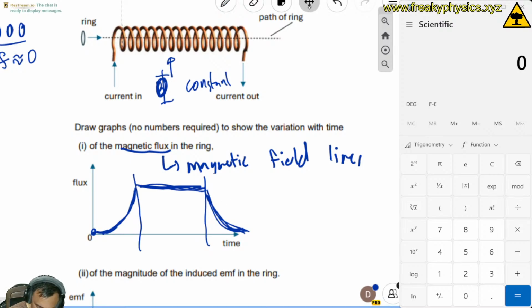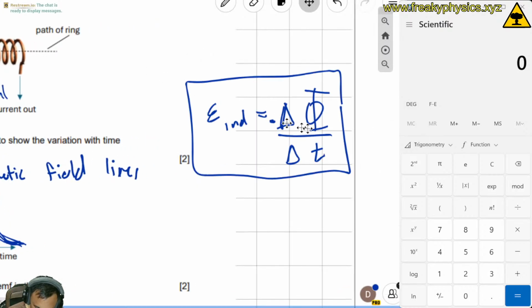Okay. Now, we're going into the second part, wherein we need this equation. Now, we're looking at the rate of change, right? So we can actually change this into a derivative.